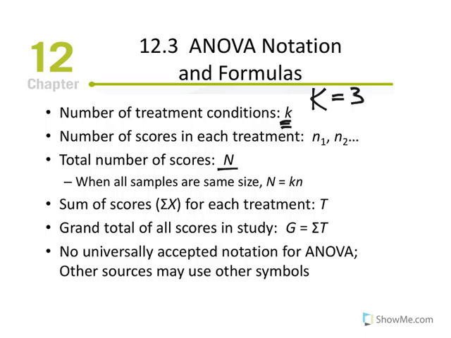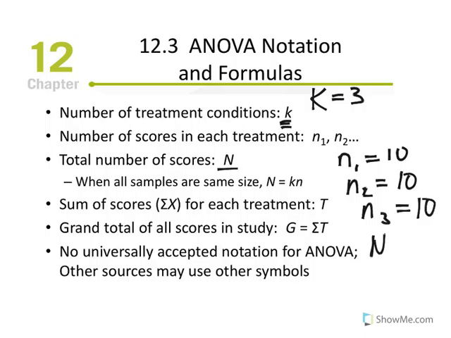If the sample sizes are equal, for example, if sample size 1 is equal to 10, sample size 2 is equal to 10, and sample size 3 is equal to 10, then N would be the sum of all of these, so it would equal 30. But if they're all equal to one another, we could also calculate N by simply taking n and multiplying it by our K.